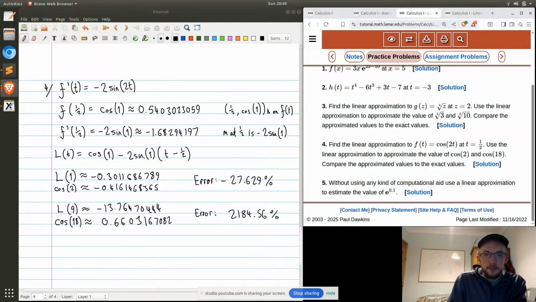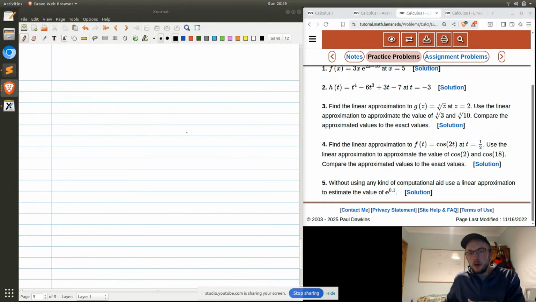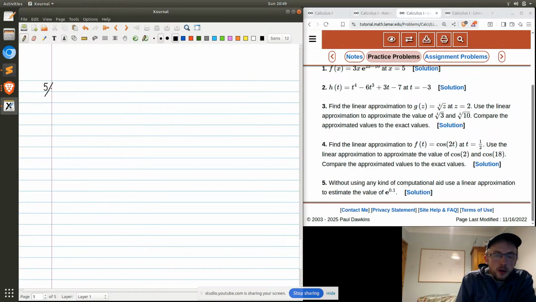Fifth one. Without using any kind of computational aid, use a linear approximation to estimate the value of e to the 0.1. No computational aid. Okay.